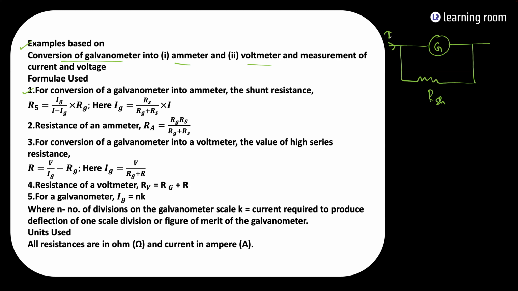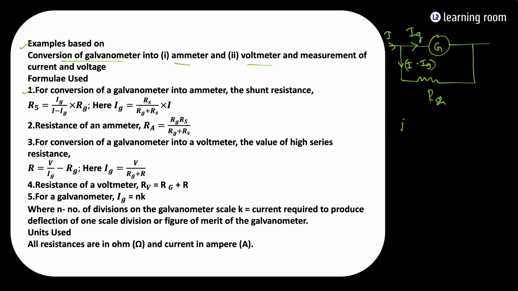If the value of current that this ammeter is supposed to measure is I, then how much should be the current through the galvanometer? The current through the galvanometer is always fixed. It's called full scale deflection current, Ig. So how much will be the remaining current flowing through R shunt? I minus Ig. So what is the relation between these two?